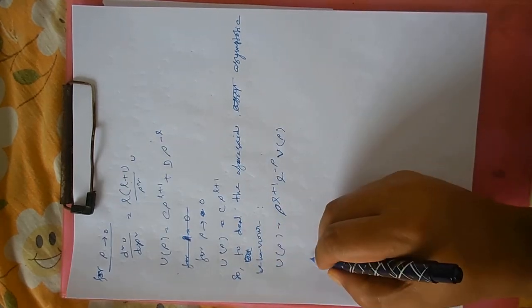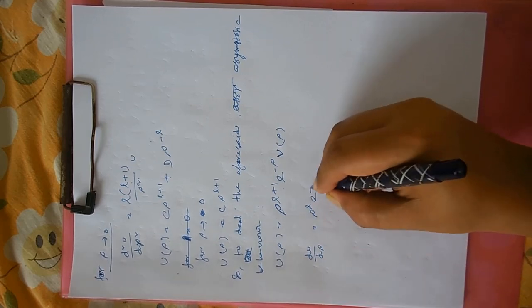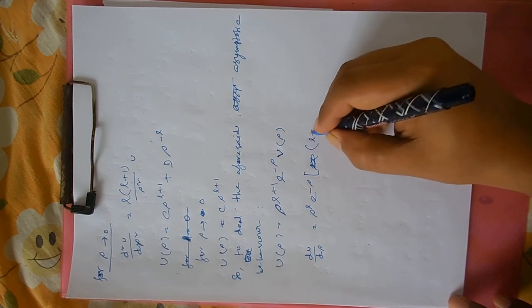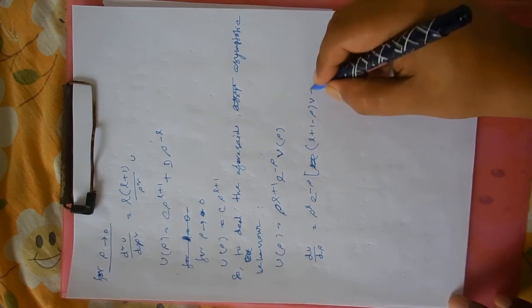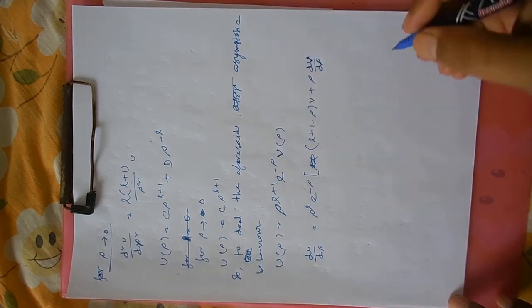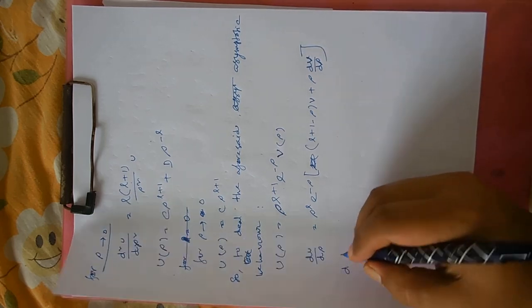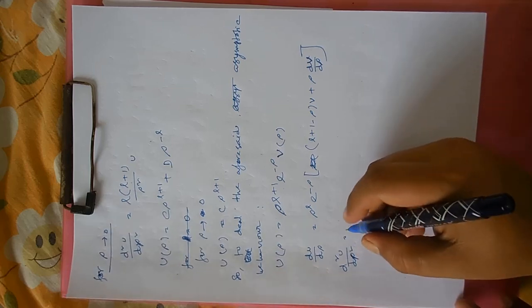Now simply we will replace that thing in the equation. For that we have to calculate du by d rho first, and again we calculate d2u by d rho square.